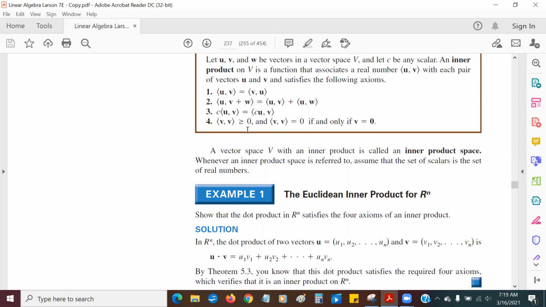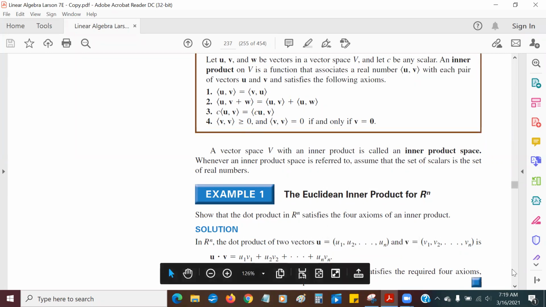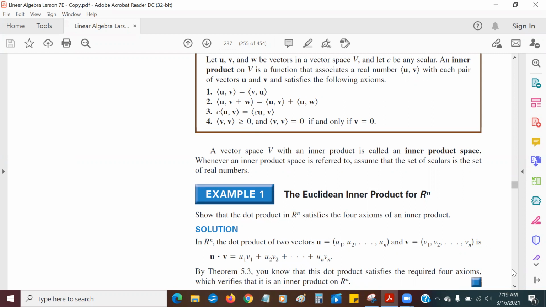Basically, all four criteria that we're looking for were satisfied in Theorem 5.3 of the previous section. So yes, the Euclidean inner product for Rn, otherwise known as the dot product, does satisfy the conditions of an inner product. And it's not a shock, because I would imagine that the dot product inspired this whole idea of inner product space, historically.